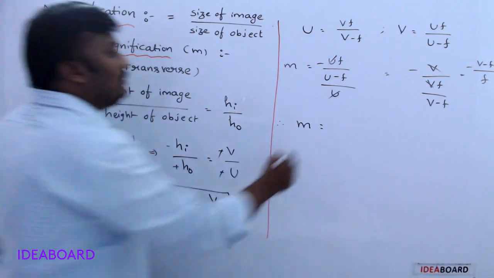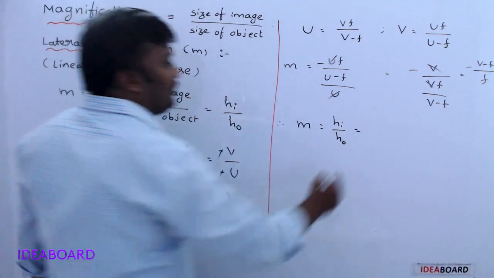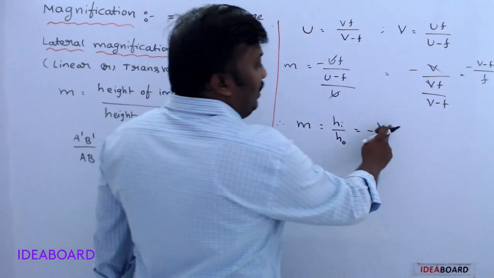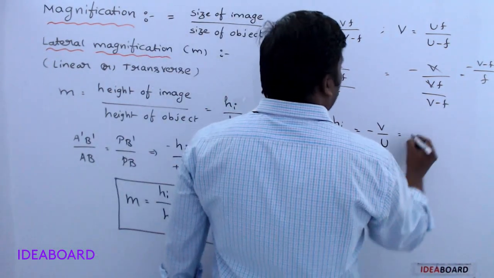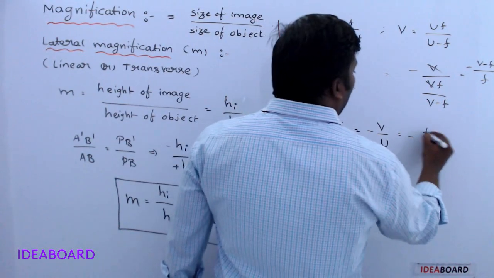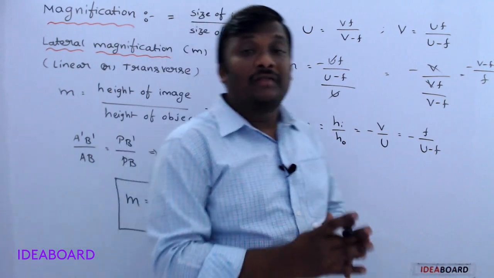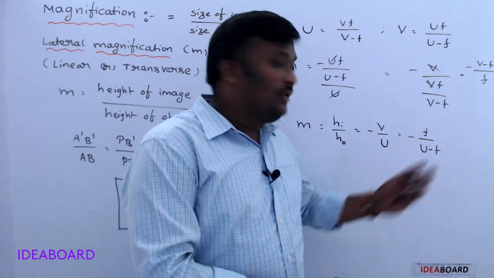Then what is the final formula for magnification you got? M is equal to hi by h naught, that is equal to minus v by u. If they give image distance and object distance, you can use this formula. That is equal to minus f by u minus f. In the given question, if they mention the focal length and object distance, please use this formula.